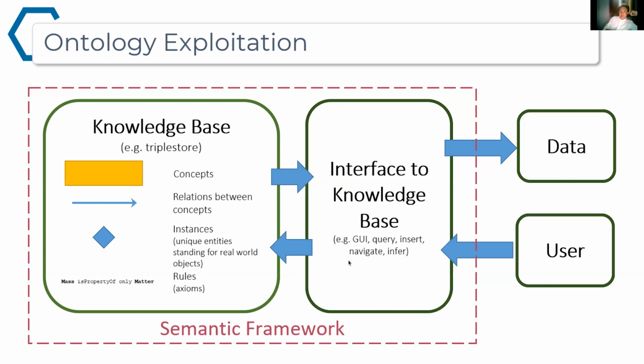Then there needs to be an interface to the knowledge base, something that helps you to interact with it, so that the user can query the knowledge base to know what type of entities exist and what type of metadata connect to the entities.